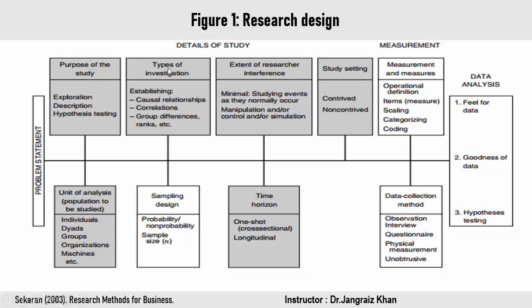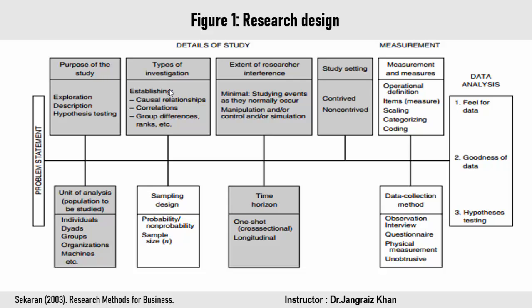Similarly, it is important to know what type of investigation you are going to study. So in the research design, you specify the type of study, whether it is a causal relationship or a correlational relationship, or group differences, or any other kind of investigation.